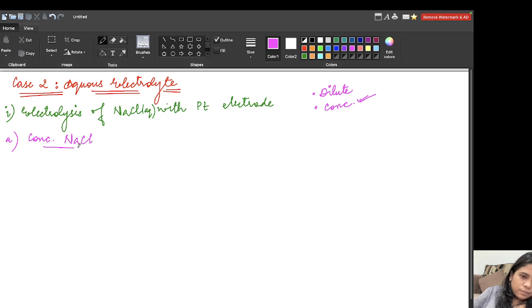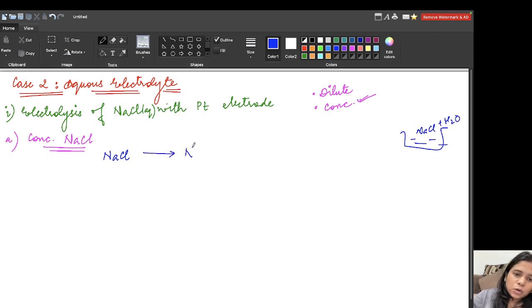Concentrated NaCl. Now there is water also present, right? So see, Na is definitely there in the electrolytic cell. Along with NaCl, you have water also. So water will also break down, right? So NaCl first breaks down into Na plus and Cl minus. And your water is also breaking down into H plus and OH minus.